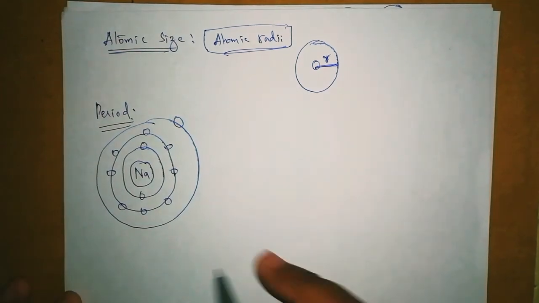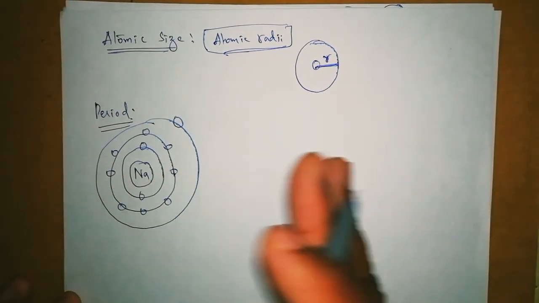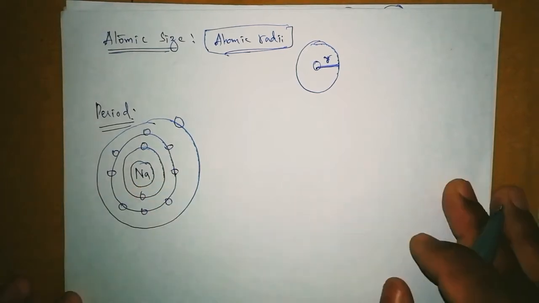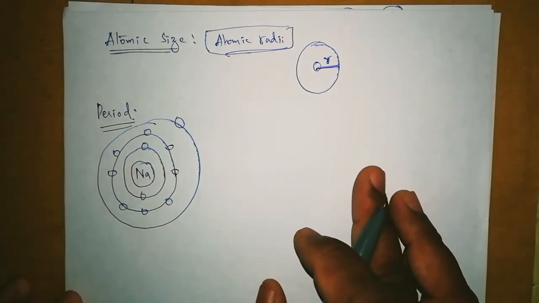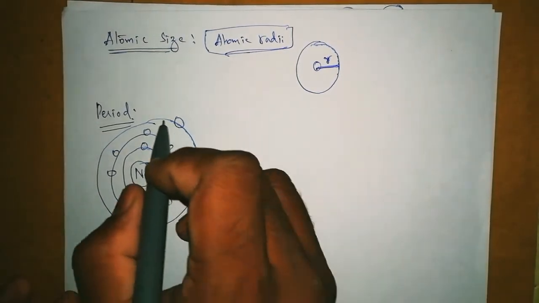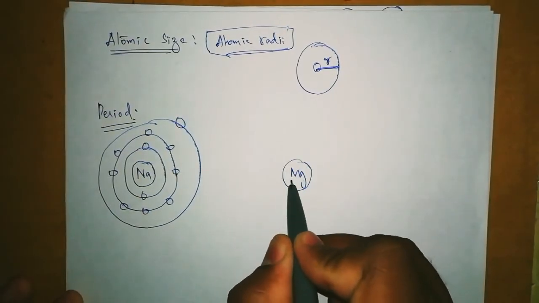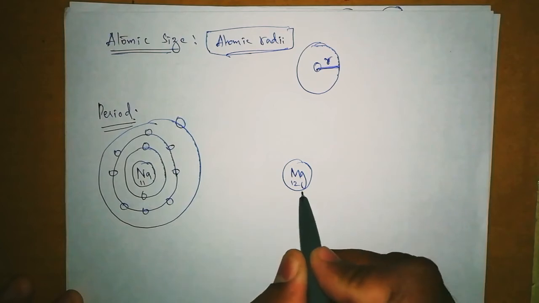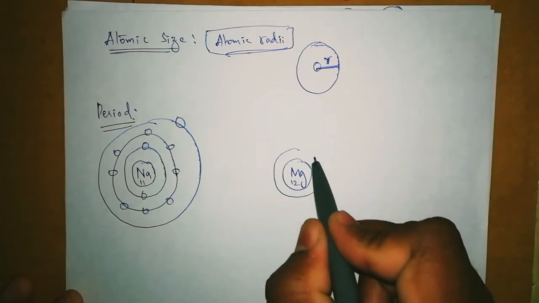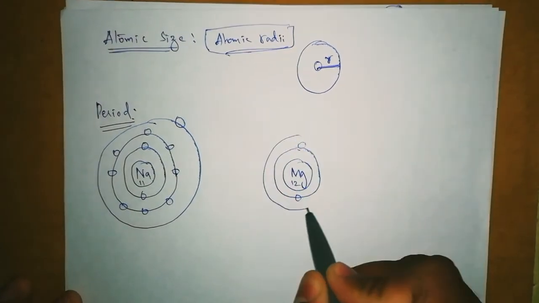Clear? Okay, what about sodium के बाद? Along the period, what is the next element that comes after sodium? Yes, it is magnesium. Magnesium atomic number is 12. Sodium का 11 होता है, इसका 12 होता है. And the two shells have the same kind of elements, right?